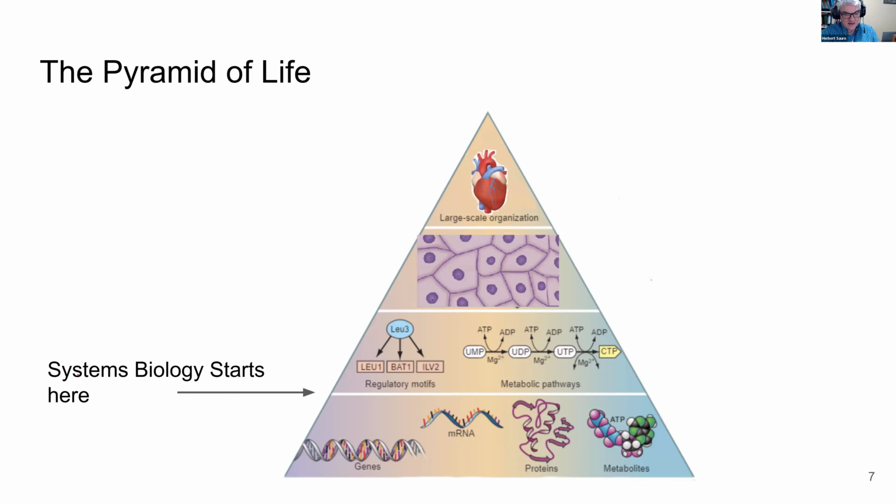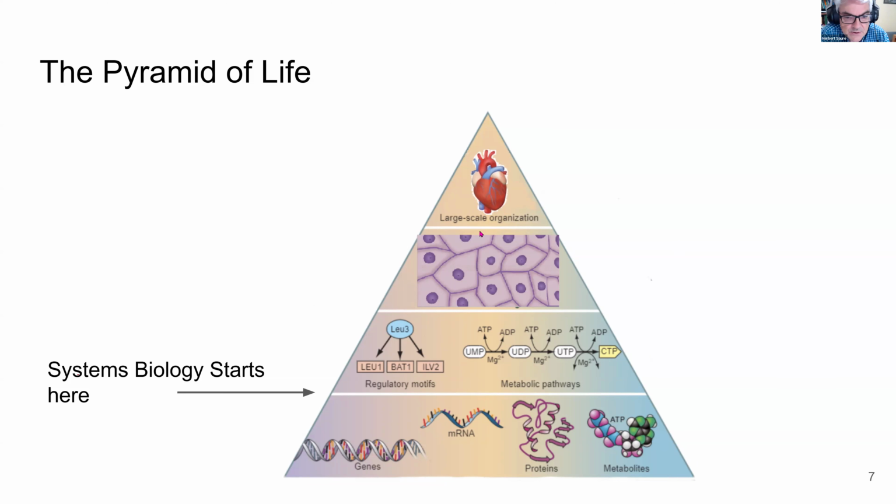If you look at the pyramid of life, so to speak, I can't remember what paper I got this from now, systems biology starts just above the parts. You have the parts: genes, RNA, protein, metabolites. We start where the pathways begin, and then it goes all the way up to tissues, then organs, and finally organisms.